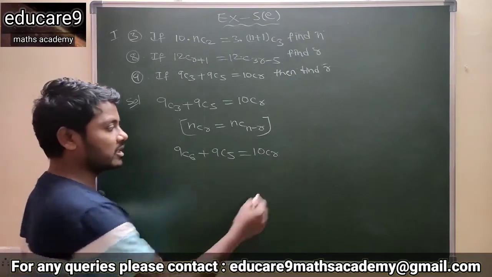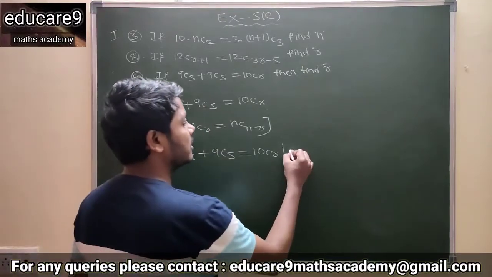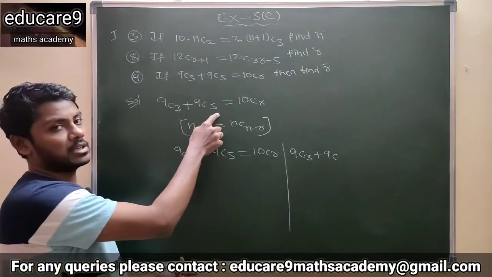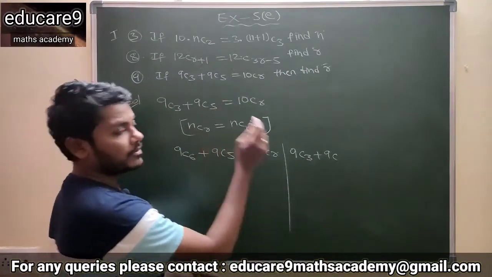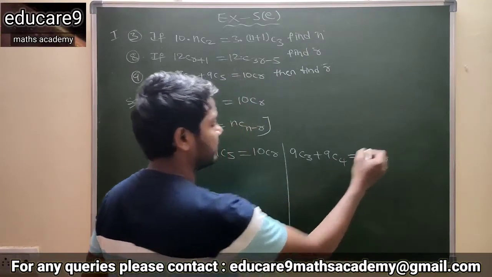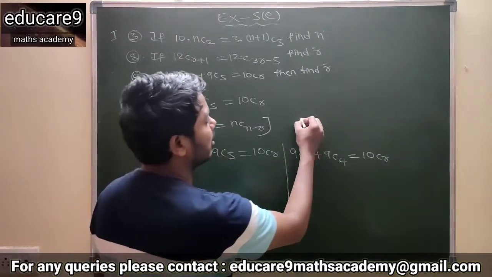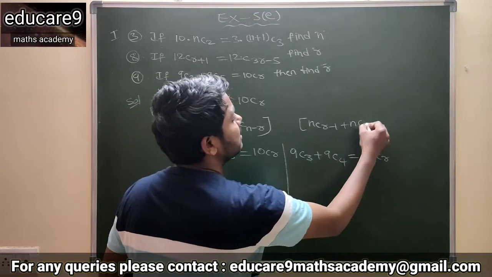This is one condition. And apply this formula for the second term, that is nC(n-r). n-5 is 9-5, that is 9C4, is equal to 10Cr. Okay. Again, we have to apply the formula nC(r-1) plus nCr.